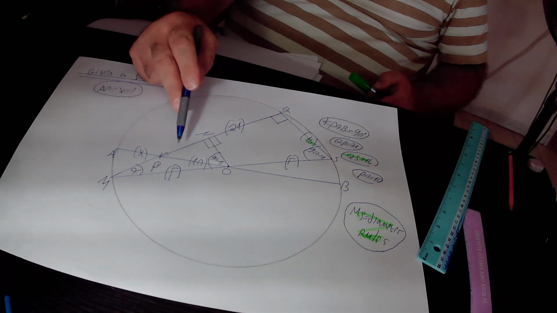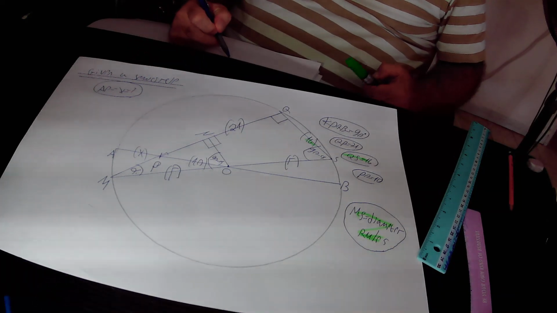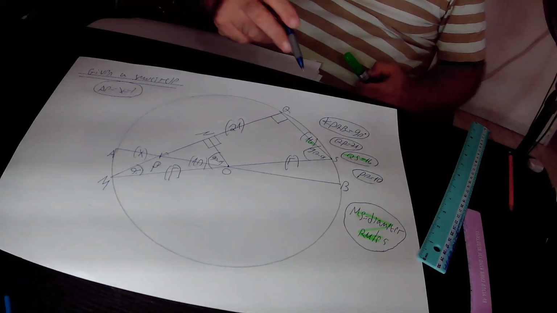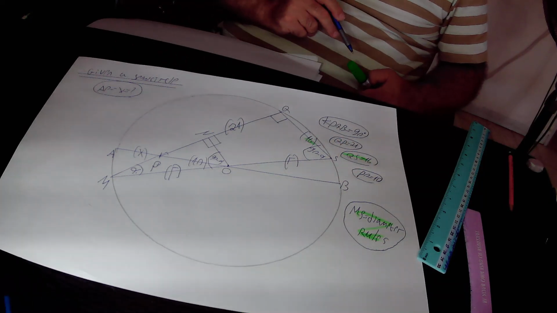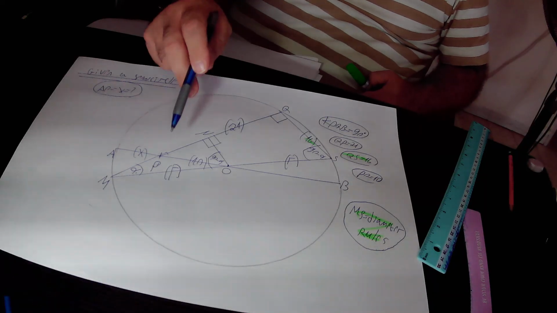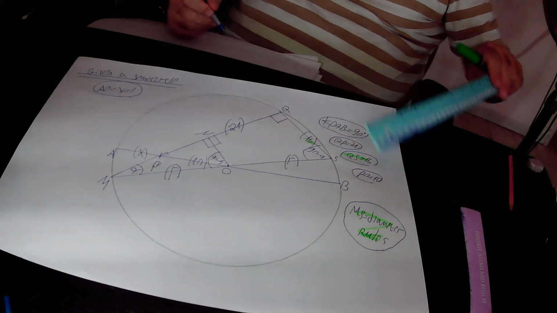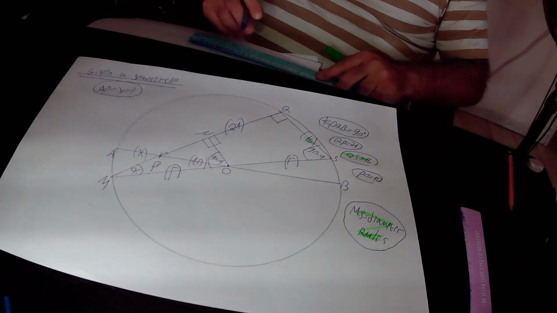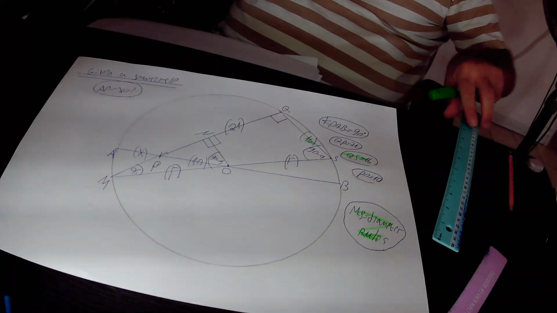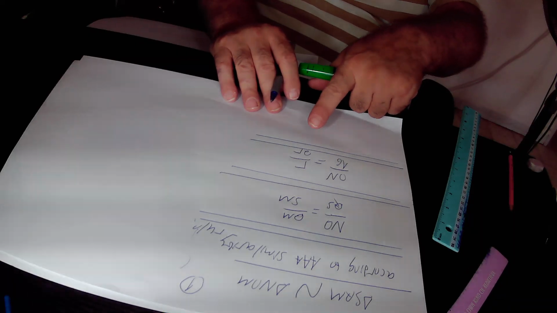OM is the radius of this circle, that is equal to R, according to our definition, over SM. SM is the diameter of this circle, that is equal to 2R. So in total, we found out that ON over 16 equals R over 2R.